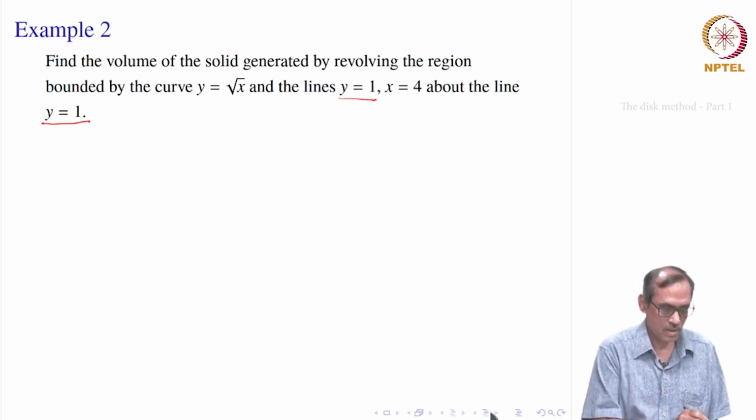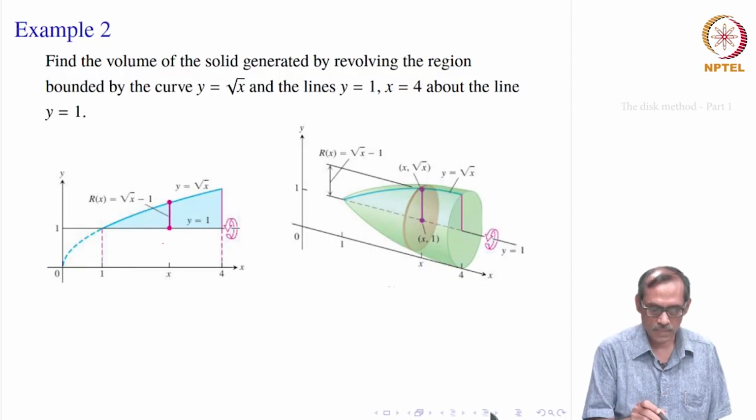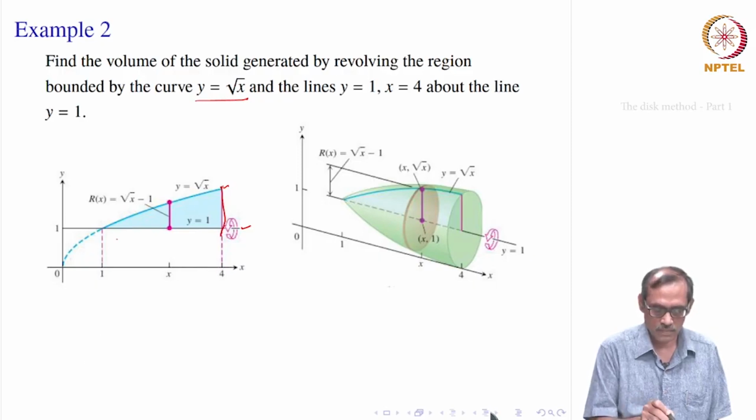So, how does the figure look? We have y equal to root x, which is the blue one, the curve here, and then y equal to 1 is the line here around which we revolve the region. What is the region? It is bounded by the curve y equal to root x, the lines y equal to 1 and x equal to 4. So, this is the line x equal to 4, this is the line y equal to 1 and this is the curve y equal to root x.